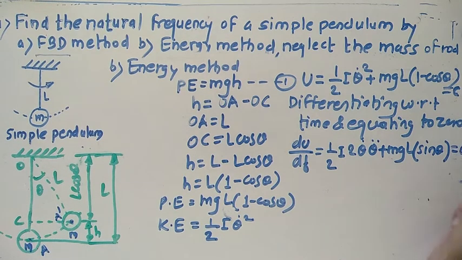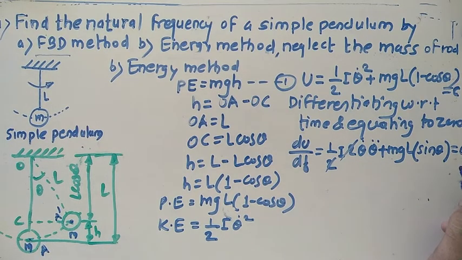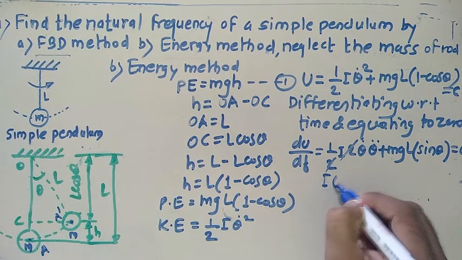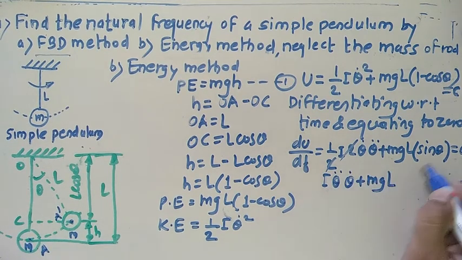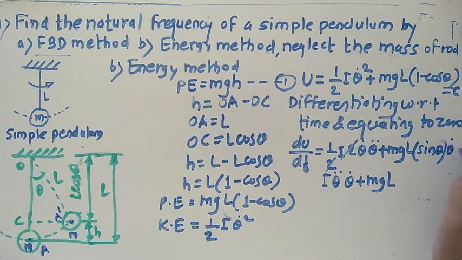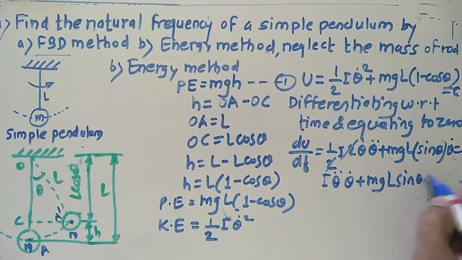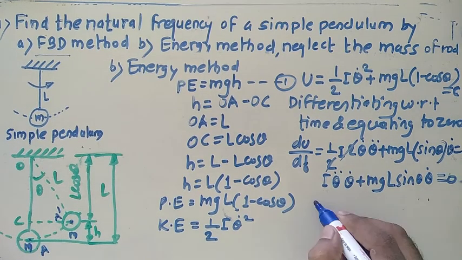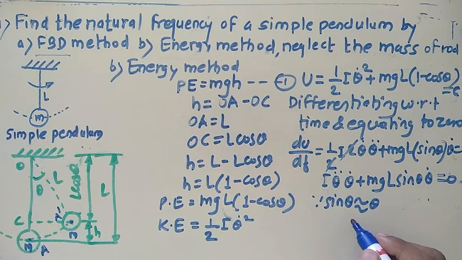Here the 2 gets cancelled, and in the next step you get I theta double dot. I'll separate this mgL. Again, I forgot to take the derivative of theta, which is theta dot. Here we get sin theta multiplied by theta dot equals 0. Since theta is very small, you can take sin theta equal to theta.